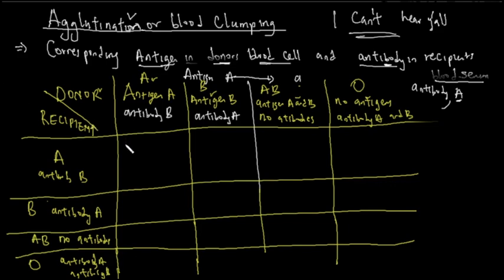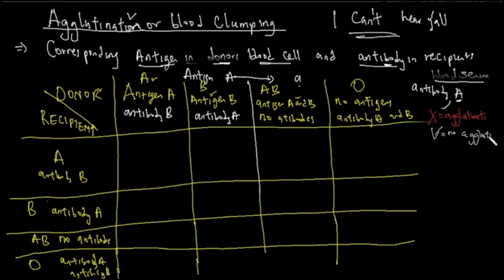Okay, so let's continue. Now, whenever you see bad, it means agglutination. Then good means no agglutination. You can put this down. Bad, agglutination.